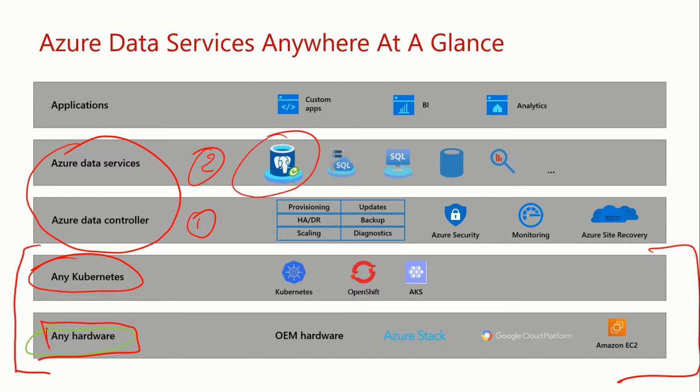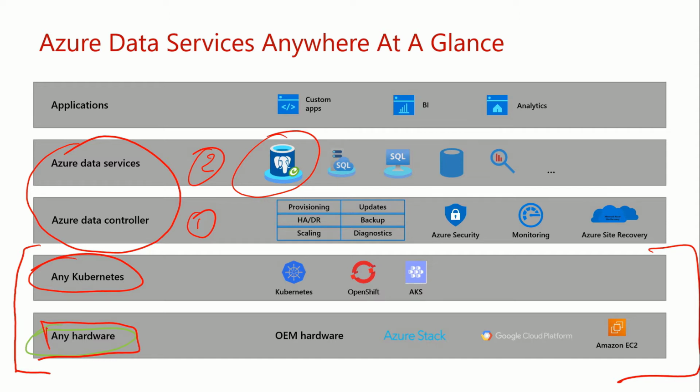Today we speak about Azure Arc enabled Postgres Hyperscale, but you have other database engines that are already available and more to come in the future. It means that with Azure Arc data services, you can get on your premises or any premise, any database engine that is going to be available in Azure eventually.